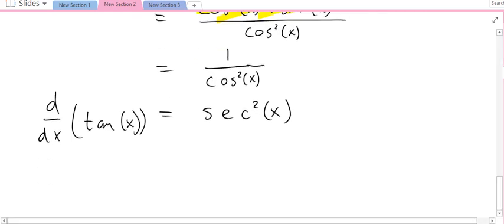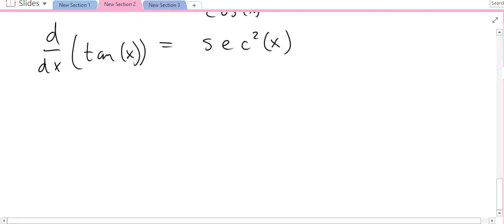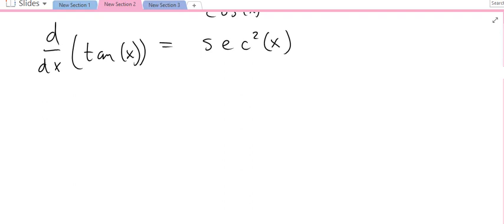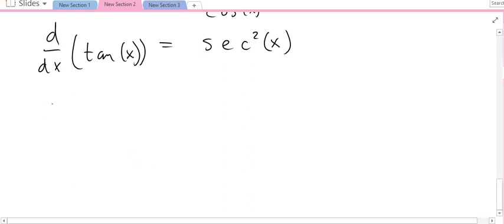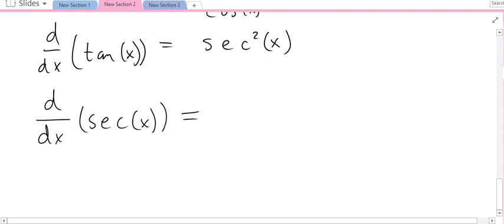Now, if we did something similar using the product and quotient rules for the other trig functions that we're used to seeing: the derivative of secant of x, which is 1 over cosine, is secant of x tangent of x.